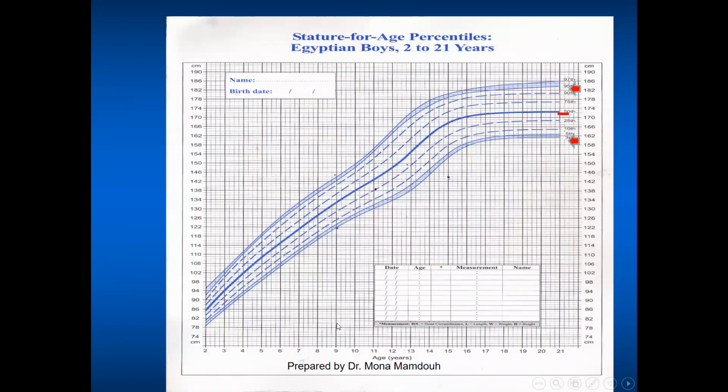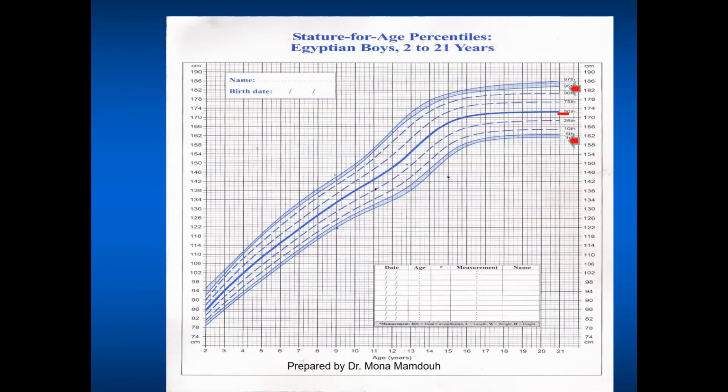If we go upwards along the axis for the 9 year old boy until we intersect the line of 122 centimeters height from the y-axis, you will find that the two lines intersect at this point, which is on the third centile. So the boy's height falls on the third centile.